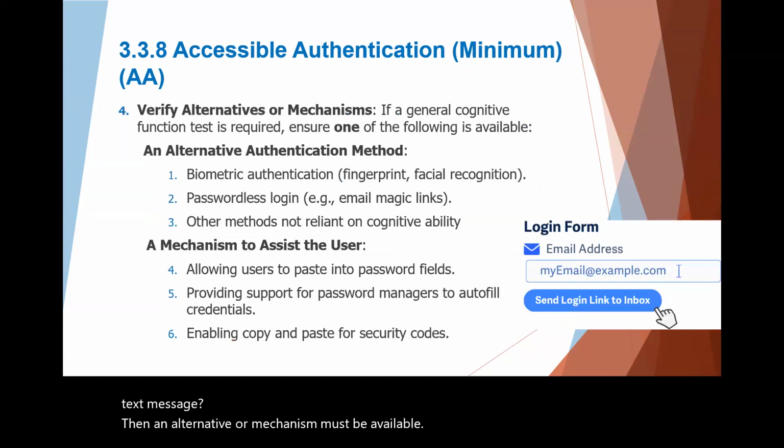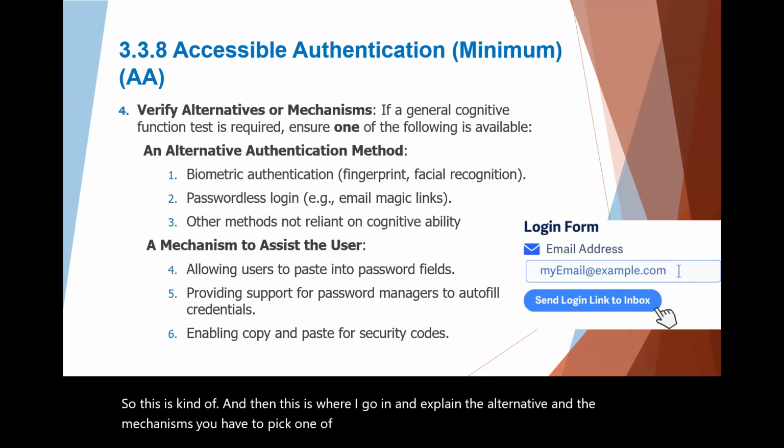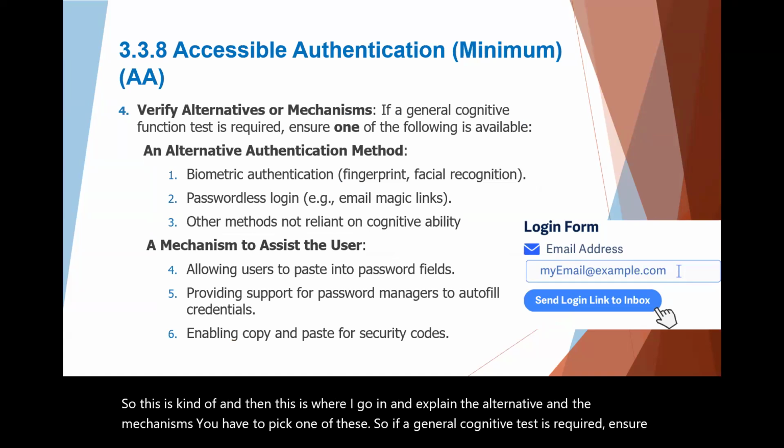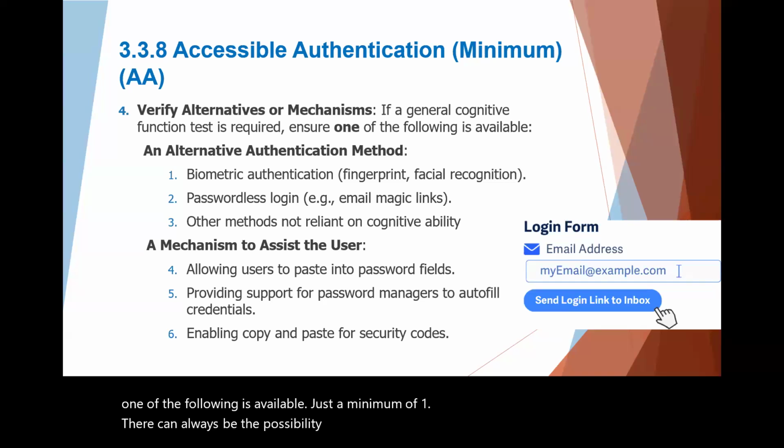This is where I explain the alternatives and the mechanisms. You have to pick one of these. So if a general cognitive test is required, ensure one of the following is available. Just a minimum of one. There can always be the possibility that you have more than one of these options, but a minimum of one.